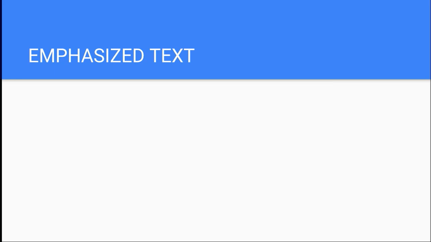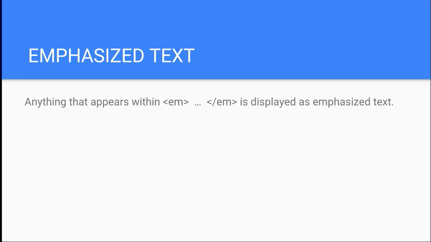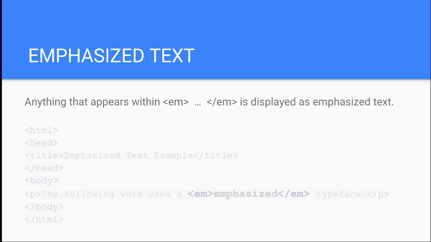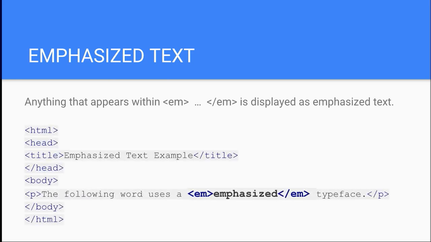The first phrase tag is emphasized text. Anything that appears within em and /em element is displayed as emphasized text. Let us see an example of how to write this. It's a similar way of writing like we tried in our previous classes, but the output is different.